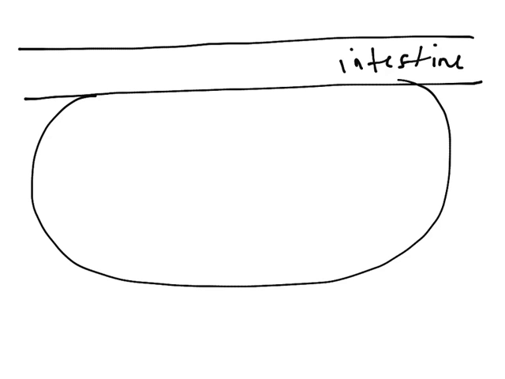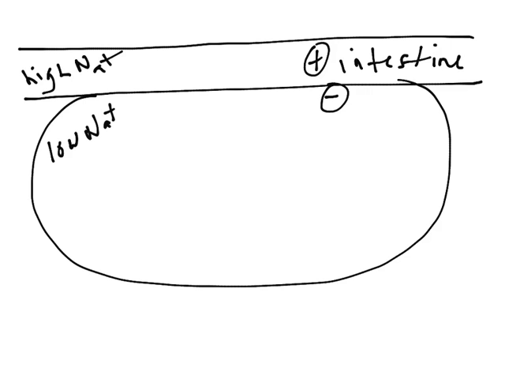And I'll tell you that outside the cell, it's more positive, and inside the cell, it's more negative. And we also have low sodium concentration inside the cell, and we have higher sodium concentration outside the cell.